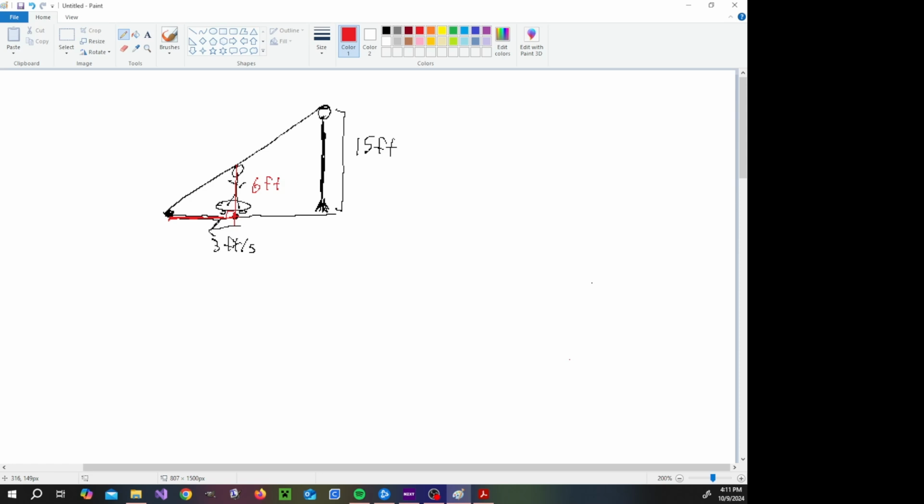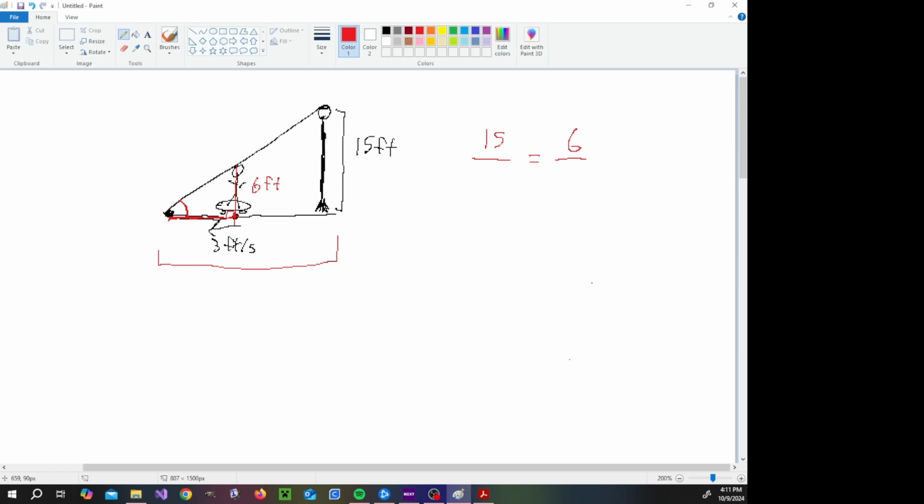Because this angle is the same in the small triangle and the big triangle, that tells us we have two similar triangles. So the ratio of 15 over this side is going to be equal to the ratio of 6 over whatever that shadow length is going to be.